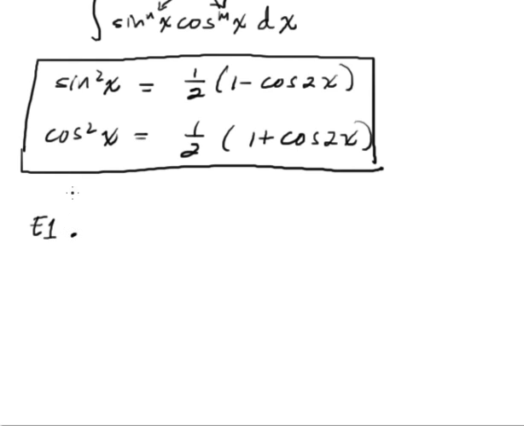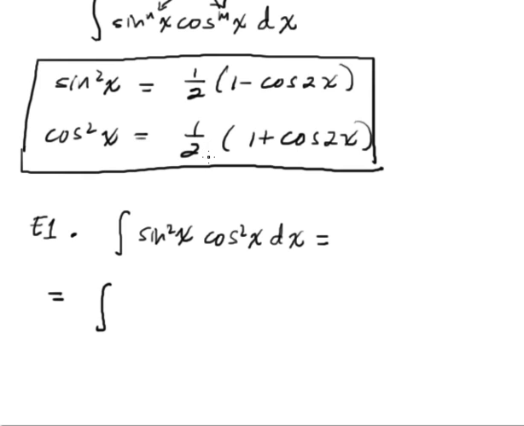Okay, let's look at the integral of sine squared x times cosine squared x dx. So what we're going to do is substitute using these two trig identities.